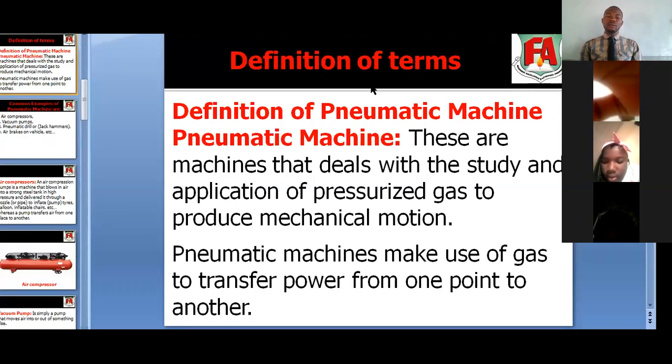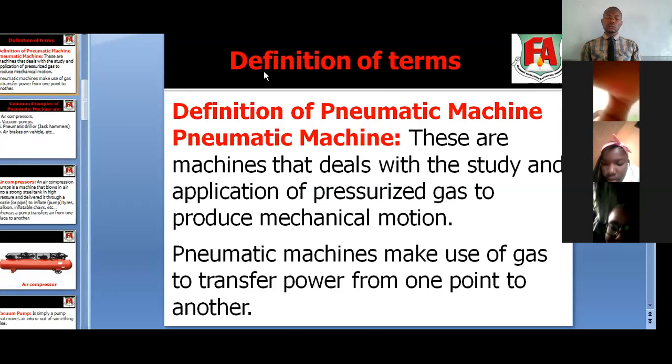Like I said, pneumatic machines make use of pressurized gas to produce mechanical motion. They make use of gas to transfer power from one point to another. We're going to be looking at a picture of a pneumatic machine before I explain it, so that it's better for you to understand what a pneumatic machine is all about.